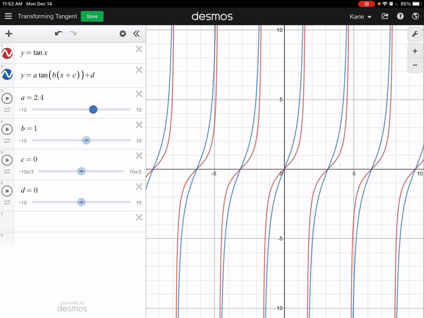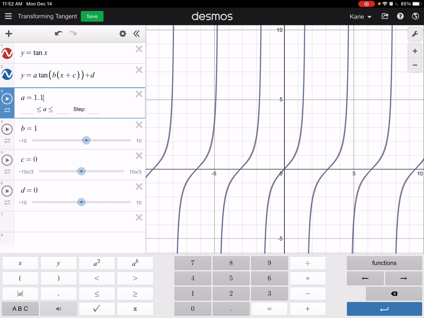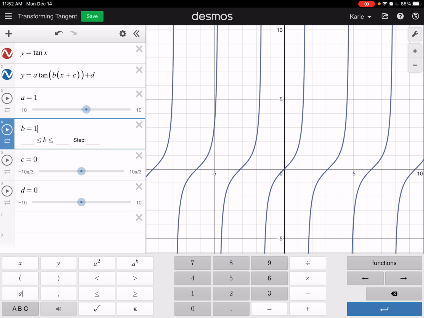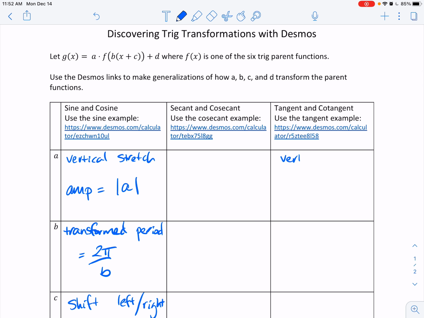What I tend to do when I write the test and quiz, for tangent and cotangent, is have A equal to 1 or negative 1, because that does a cooler thing, you can see that reflection. Vertical stretch, meh.